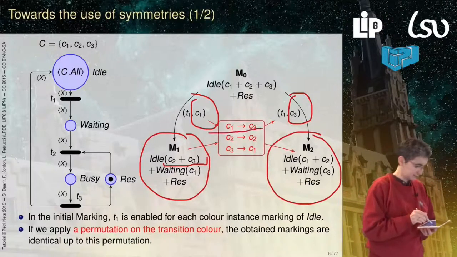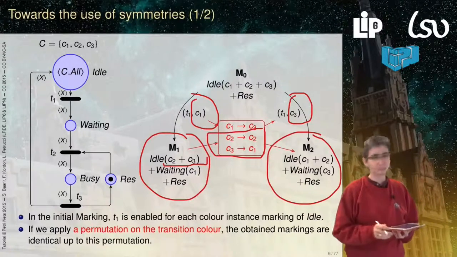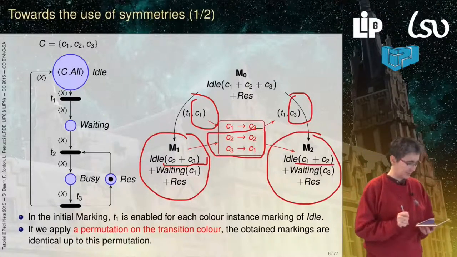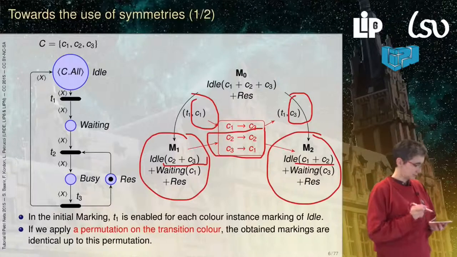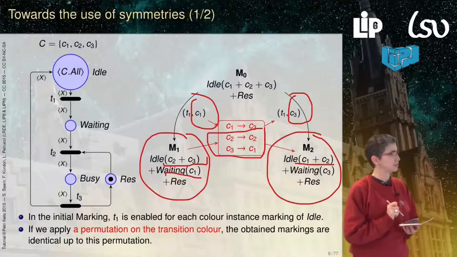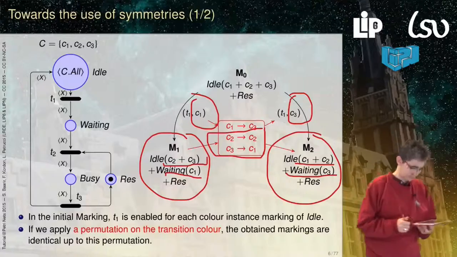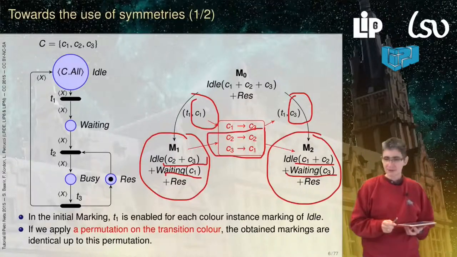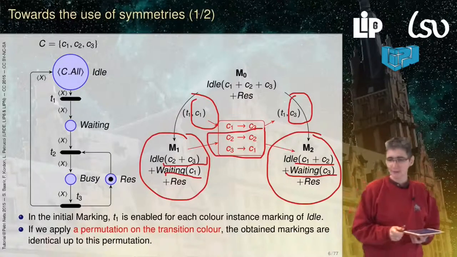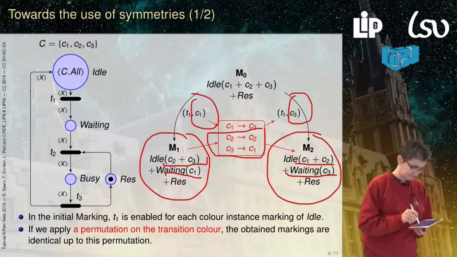You apply this transformation, and idle contains now C1 and C2 as it's here. The same applies to waiting. So waiting here contains C1, and we apply the transformation, it should contain C3, and that is the case here. And res is unchanged. Okay. So we apply a permutation to the transition color, and the markings that are obtained are the same up to this permutation.